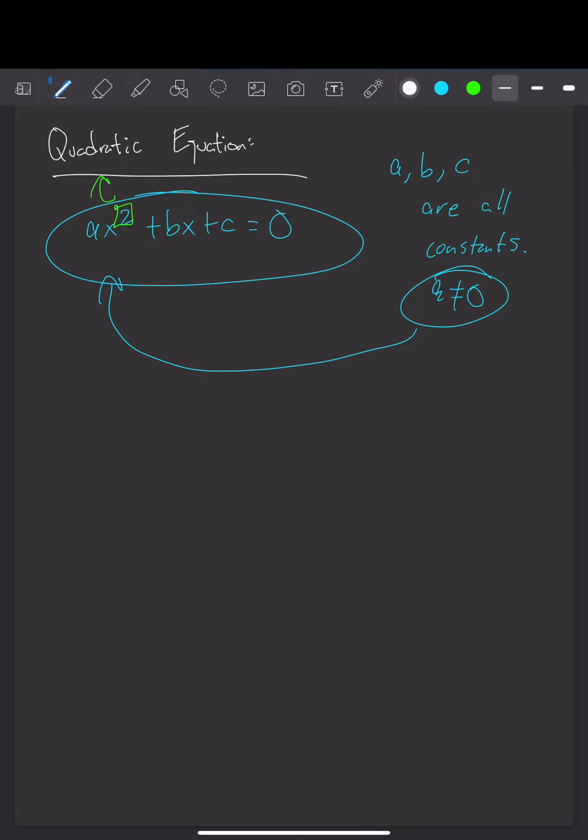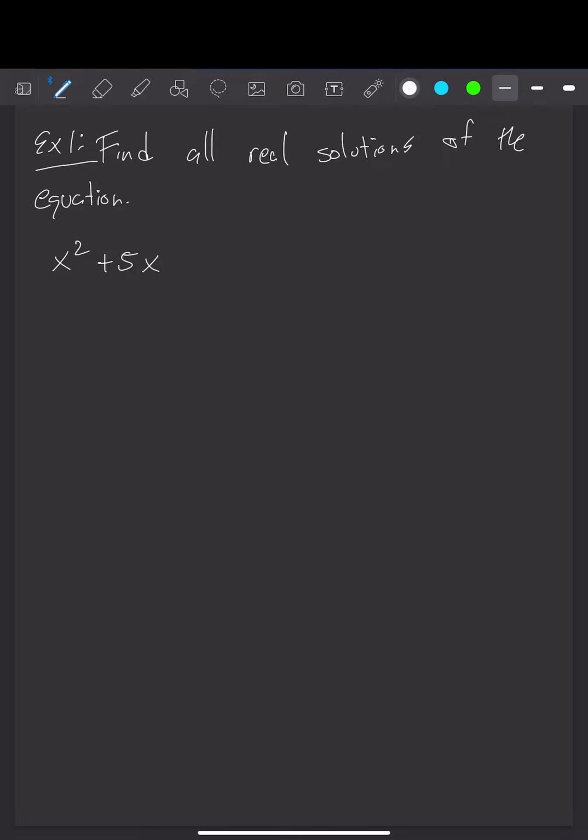So for our first example, I want you to find all real solutions of the following equation. Usually you'll see this in your homework or textbooks. Let's say you have x squared plus 5x equals 24.